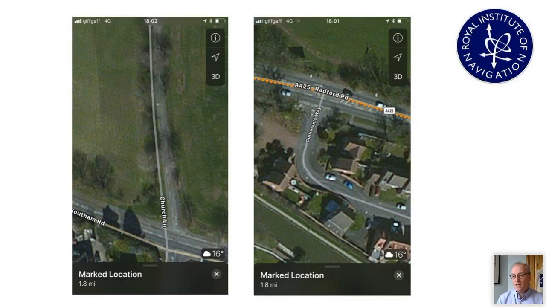And on the right-hand side, I don't know if you can see that clearly, but Gulliman's Way, I think it's called, as that curves round, it's shown to be a smooth curve and then a smooth road, but the underlying reality is the road's got quite a kink in it. In fact, the road on the map actually seems to go across somebody's front lawn.